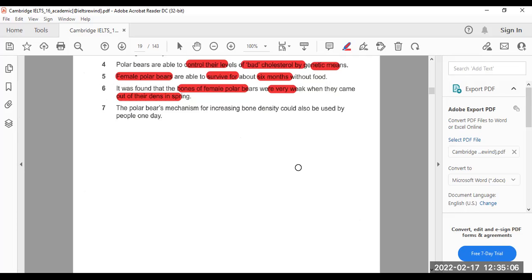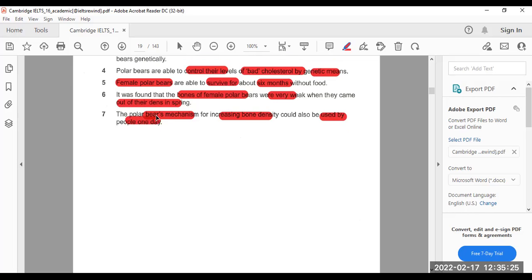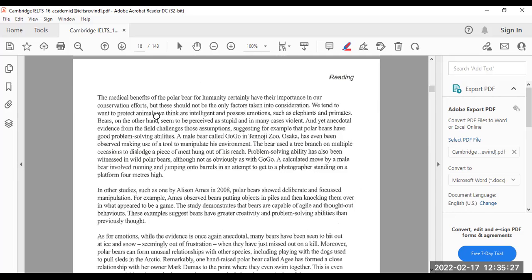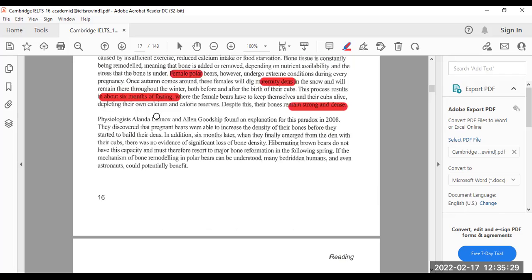The polar bear's mechanism for increasing bone density could also be used by people one day. So here my keywords are mechanism for increasing bone density used by people one day. Again, I go to the passage. So see, this mechanism of bone remodeling in polar bears is understood.